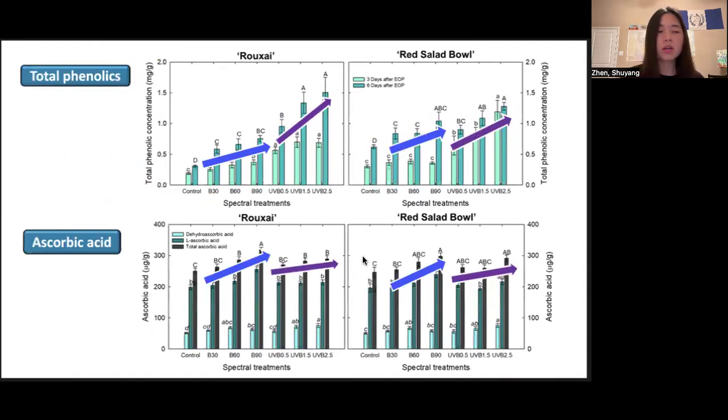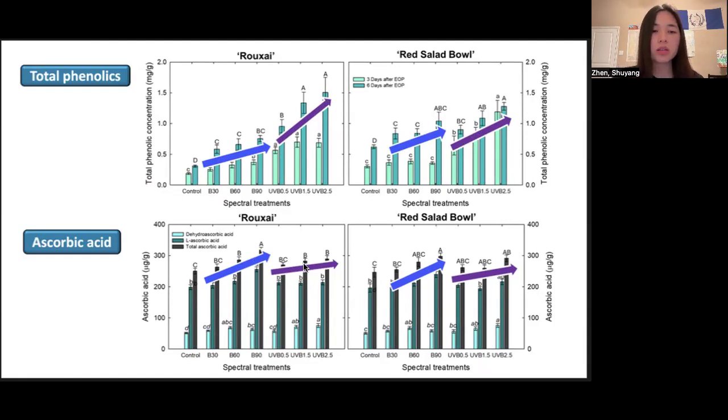Overall, for total phenolics, UV-B application, which are shown in those last three groups of vertical bars, tend to be more effective than blue light, and within both groups, blue and UV-B, with increasing dosage, it tends to be more effective at enhancing the accumulation of phenolic compounds.